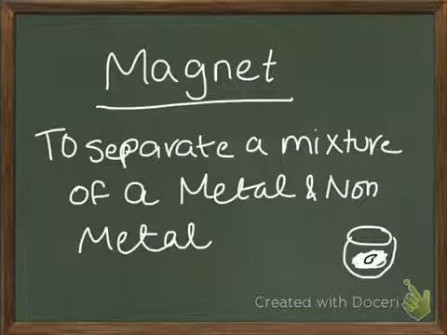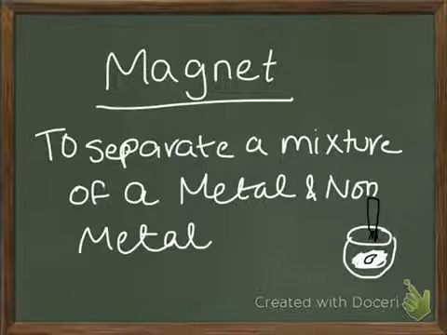When you put the magnet over the mixture, the magnet will attract the iron towards it, and therefore the metal is attracted, and thus the mixture can be separated easily. So this is how a magnet works.